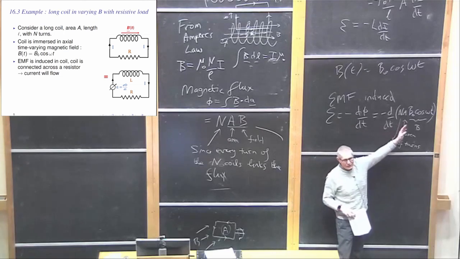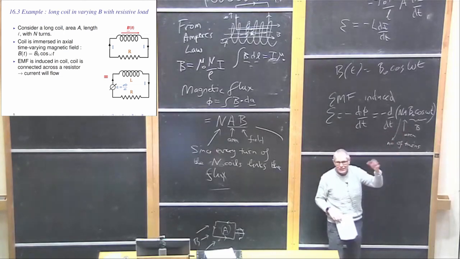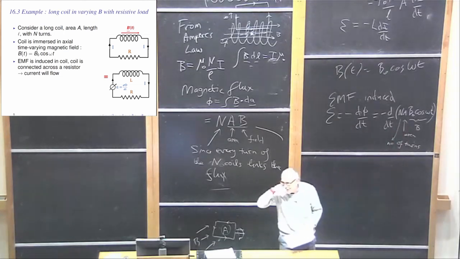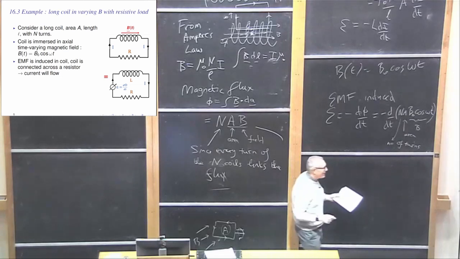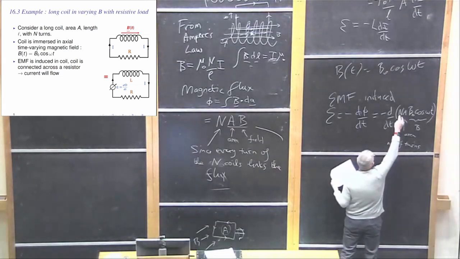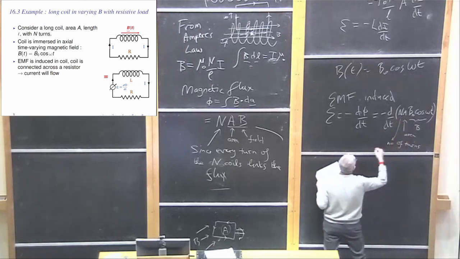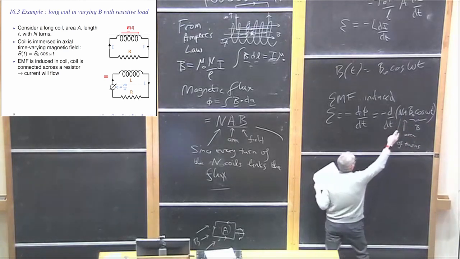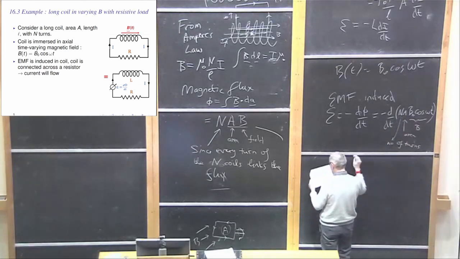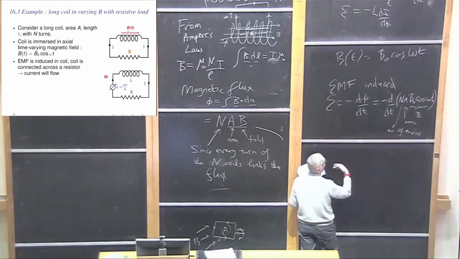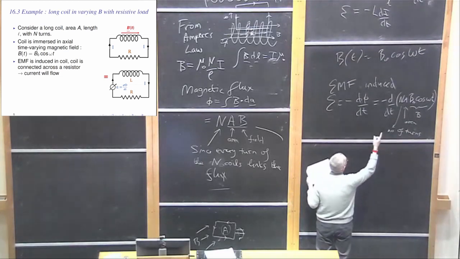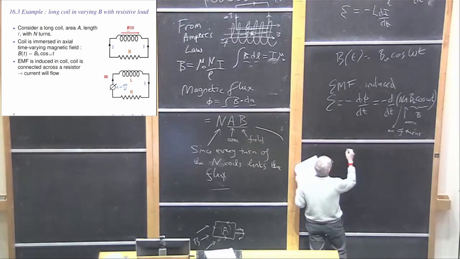B is an external field that's changing. So it's not relating to the circuit in this case, right? But there are n turns which link this changing flux, and the field is just an external field. That field isn't generated by the coil itself.